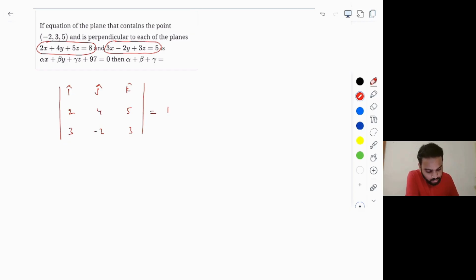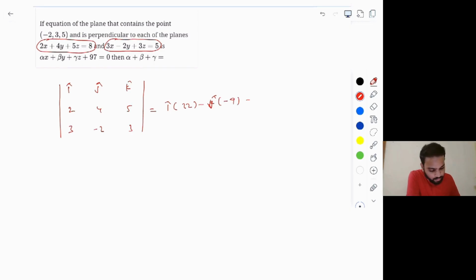Let's expand this one. So it will be i cap multiplied by 12 plus 10, which is 22, minus j cap multiplied by 6 minus 15, which will be minus 9, and plus k cap multiplied by minus 4 minus 12, which is minus 16.